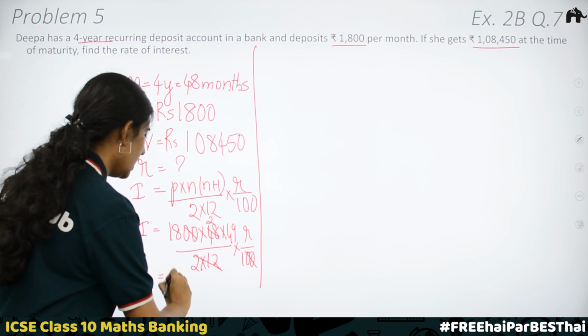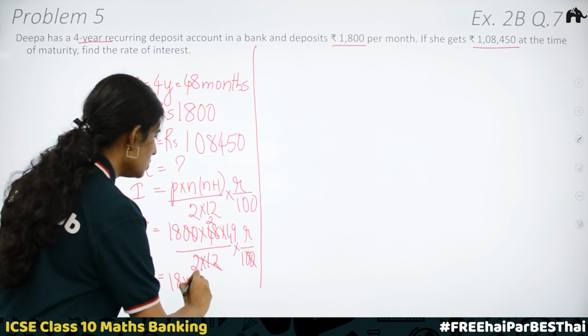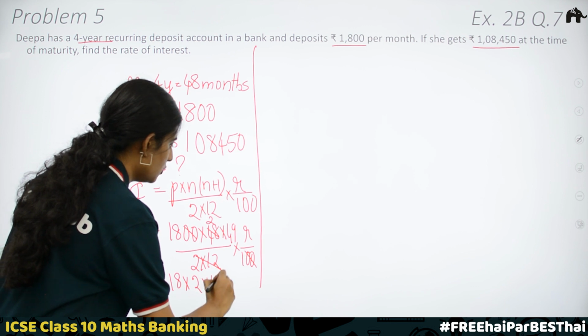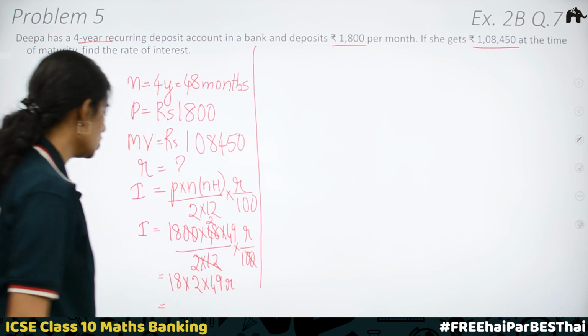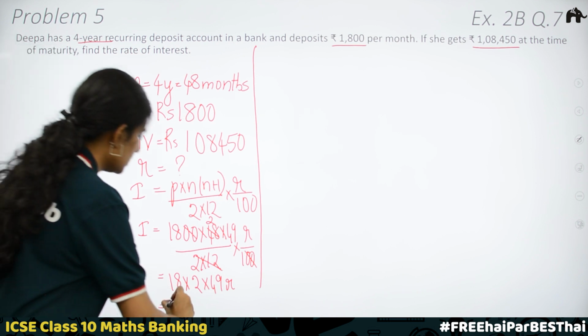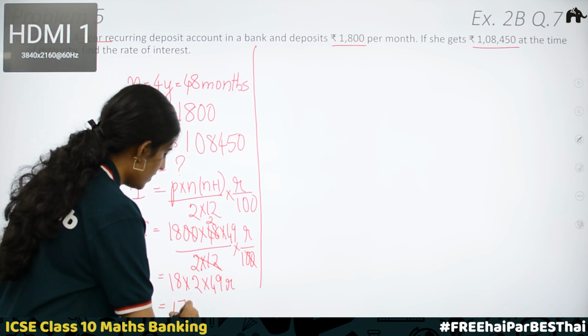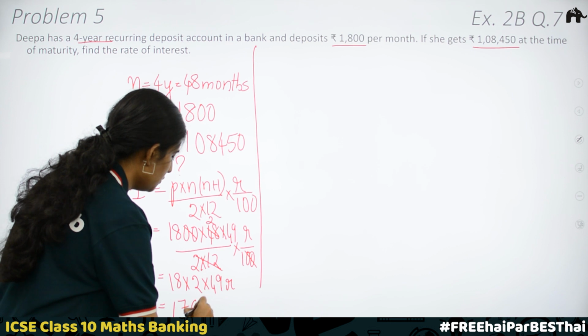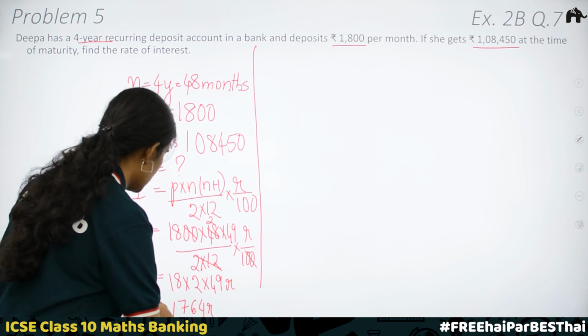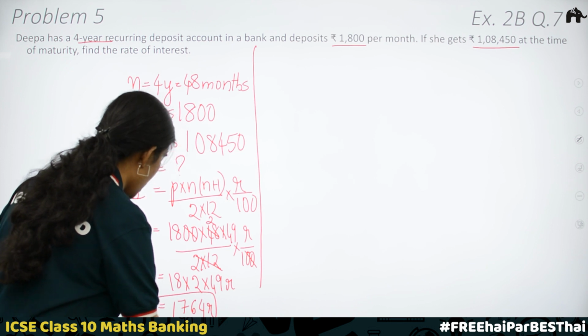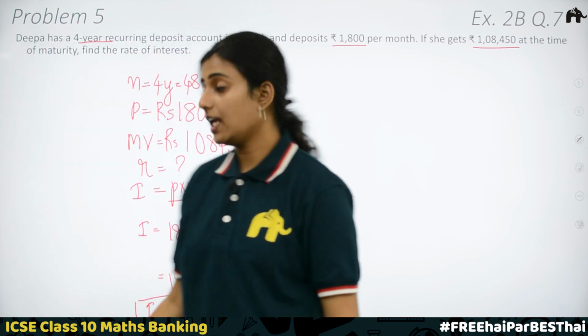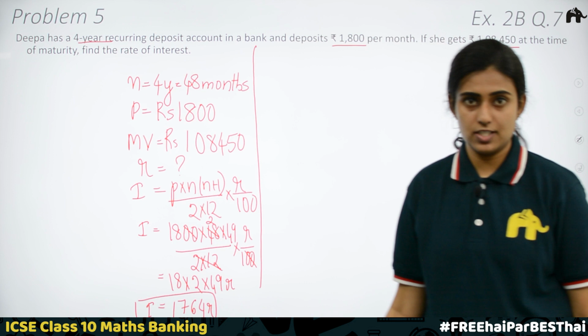Remaining 18 into 2 into 49 R. If you do the calculation, you will be getting 1,764 R, which is I in terms of R. Interest in terms of rate of interest.